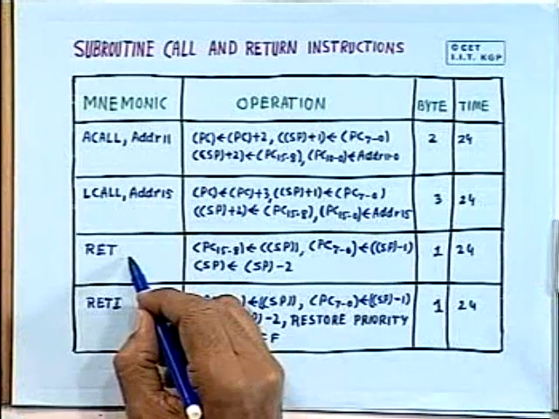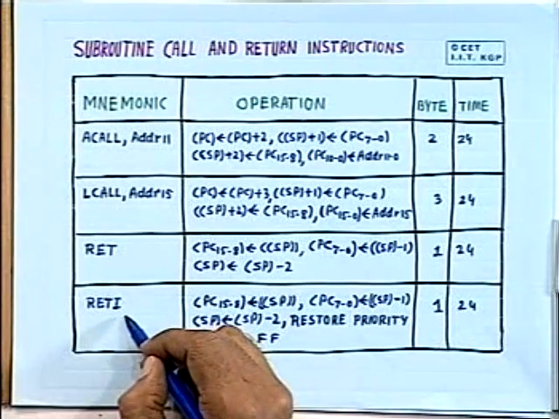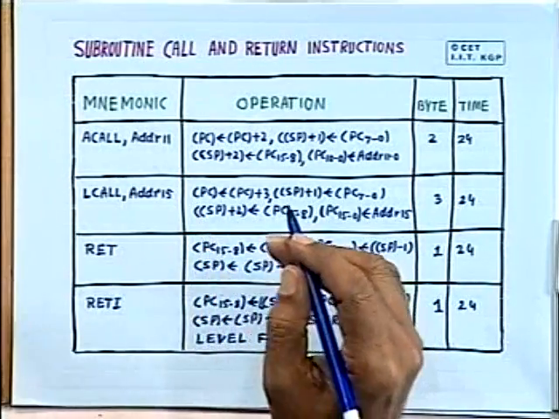And whenever it is a simple subroutine, then interrupt level is of no importance. On the other hand, whenever it is return from interrupt, it is essential to restore the previous interrupt level, which was the interrupt level before the processor jumped to the interrupt service subroutine. So it restores the interrupt level.